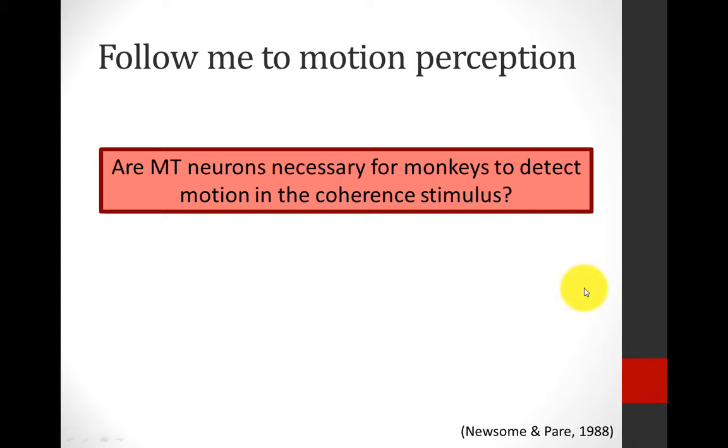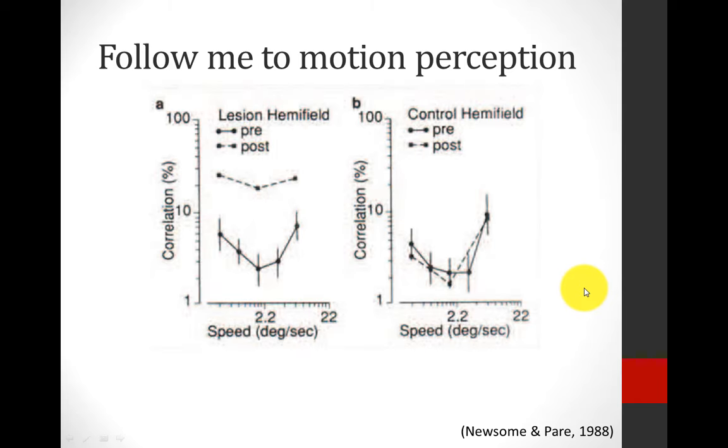If I pull up the plots from this, just to get you oriented, on the x-axis of both of these you've got the speed, in degrees of change per second. On the y-axis you've got the correlation, and essentially this is the coherence. The higher the correlation, the greater the coherence. What you can see on the left is the lesion hemifield.